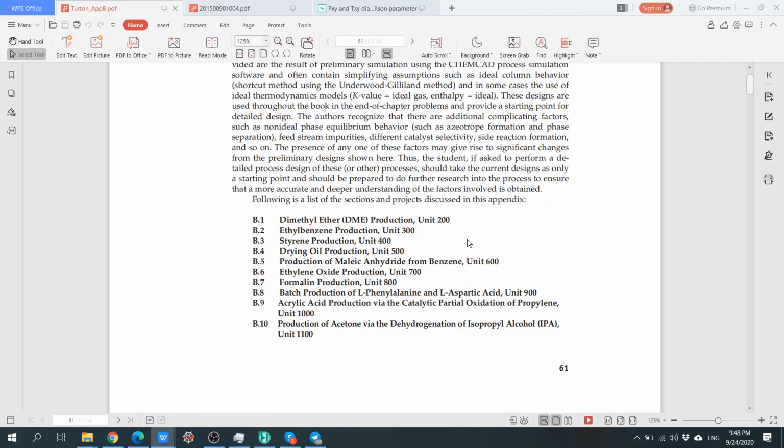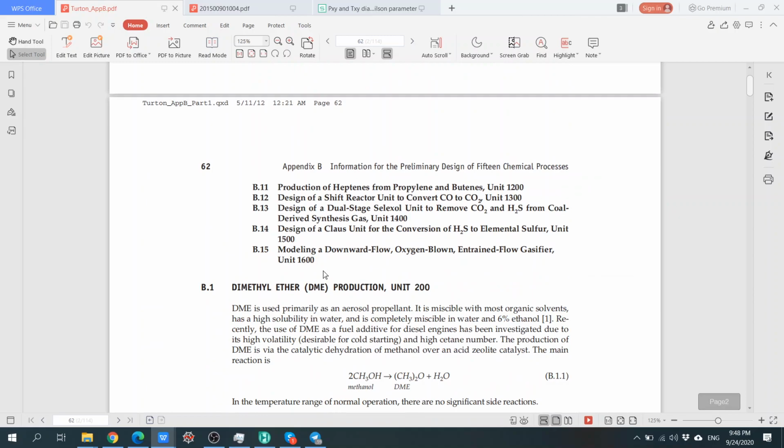I often do the dimethyl ether production as a case study for any simulation. I don't know if you would like to do that as well. For me, I typically use this because it is the simplest process compared to the other 14.